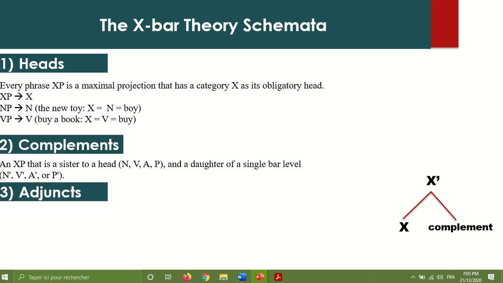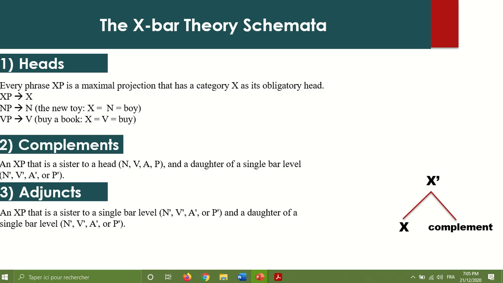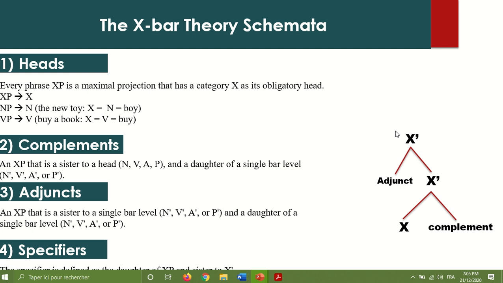For adjuncts, which are optional elements, here they are sister to a bar level, as you can see, and daughter of another bar level. And finally, specifiers, so they are defined as sister to X bar and daughter of XP.